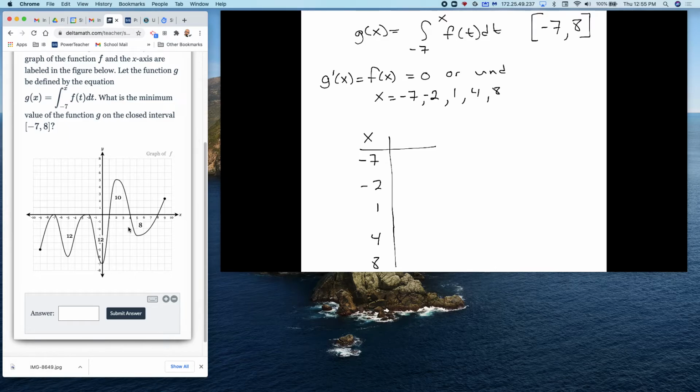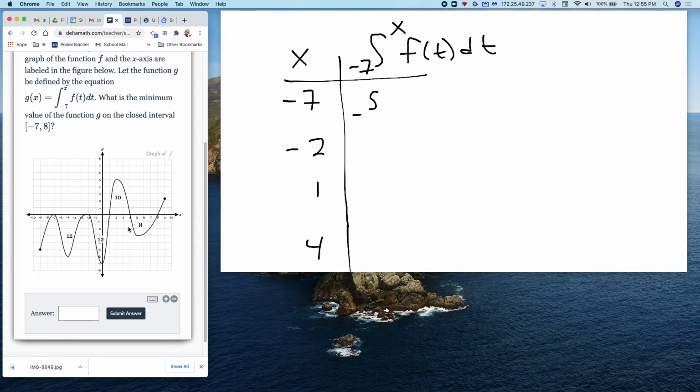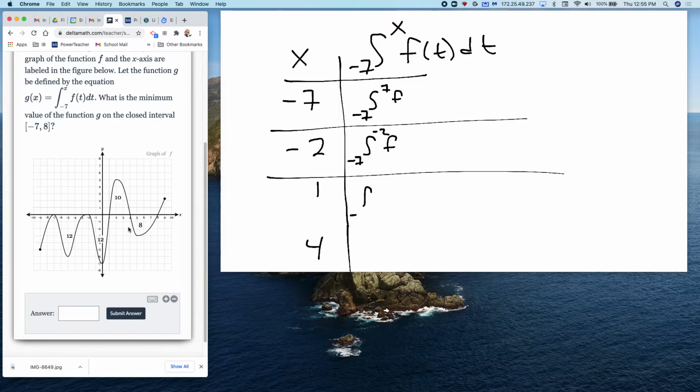Notice that this is going to be the integral from -7 to x of f of t dt. So this would be the integral from -7 to -7 of f. This one is the integral from -7 to -2 of f. This one is the integral from -7 to 1 of f.